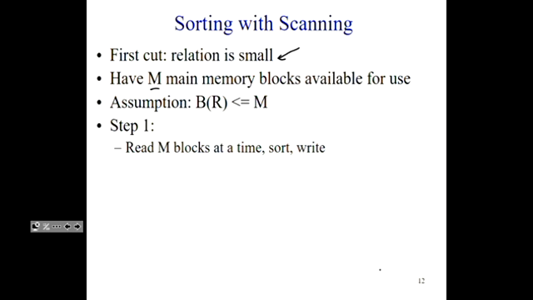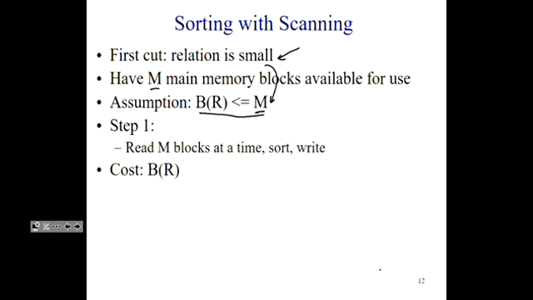Let me also assume that B of R is less than or equal to M. So the relation is small enough that the number of blocks needed to store R is less than or equal to M. So all I need to do is bring all of the blocks of my relation into memory and then apply my sorting operation within memory, and I'm done. So I only need to read the relation once. So the cost of sort scanning, if the relation is really small, in particular smaller than M, is simply B of R once again. Okay, so it's pretty small.